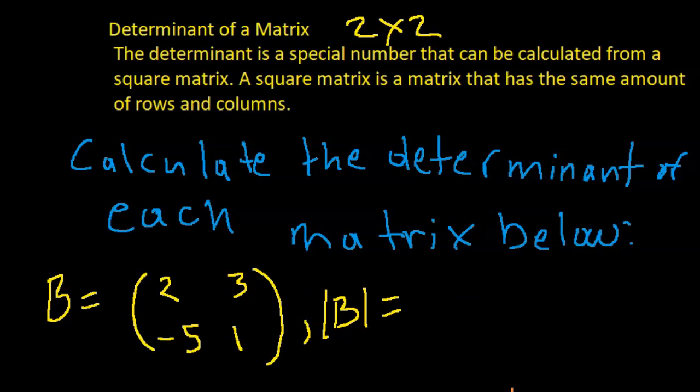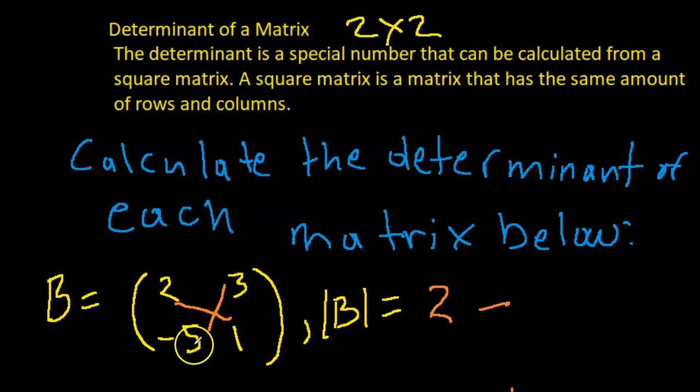Here's another one. B is 2, 3, minus 5, 1. What's the determinant of B? Again, cross multiply and subtract. Okay, so it's 2 times 1. What's 2 times 1? 2. And you always subtract. And then, what's 3 times minus 5, or minus 5 times 3?